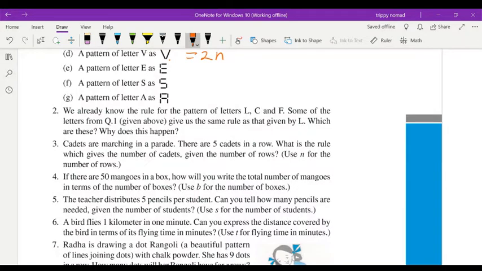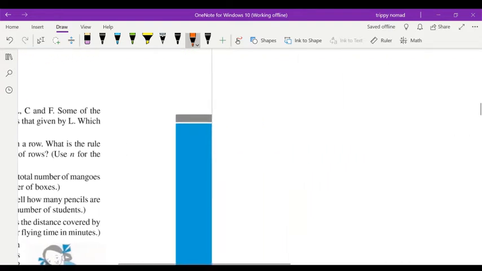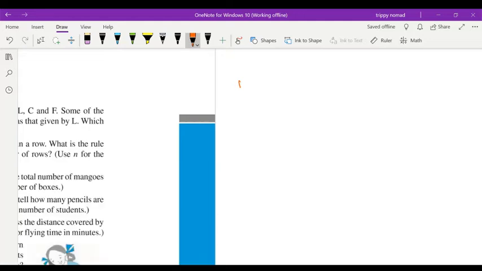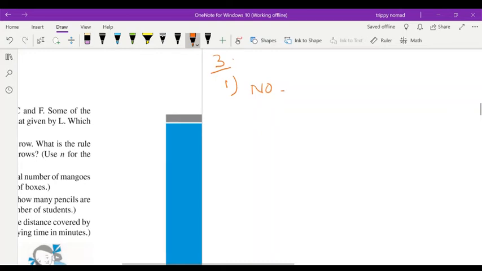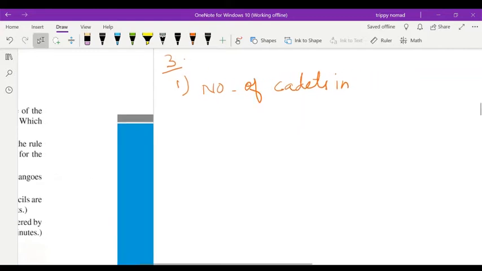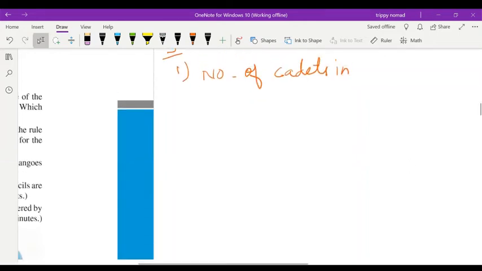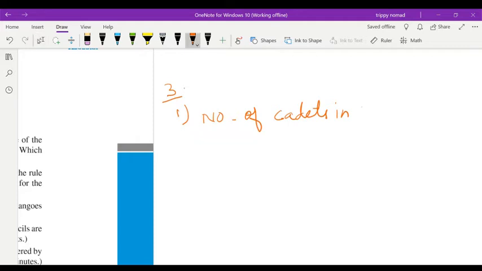I am writing here: number of cadets in one row, 5.